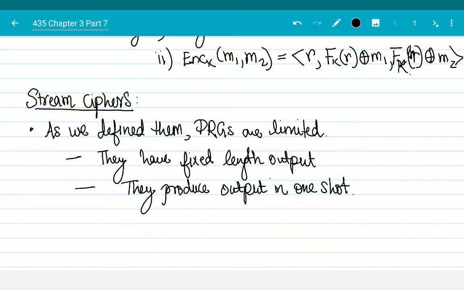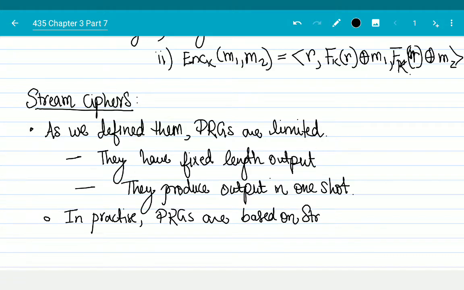But in practice, we can do it for any length. In practice, PRGs are based on stream ciphers.